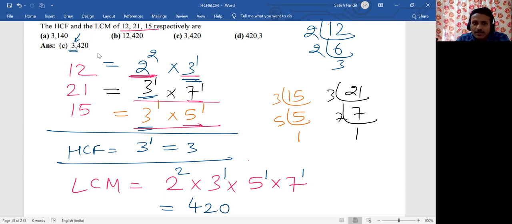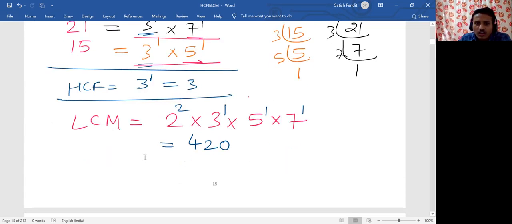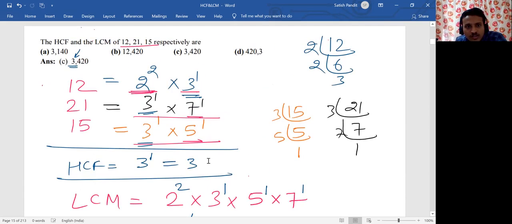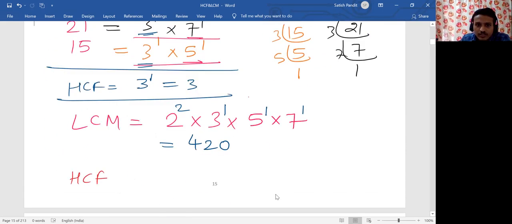You understand? What is the meaning of this also? Let us check. We got the HCF of 3 numbers, 12, 21 and 15. HCF of 12, 21 and 15 is 3.